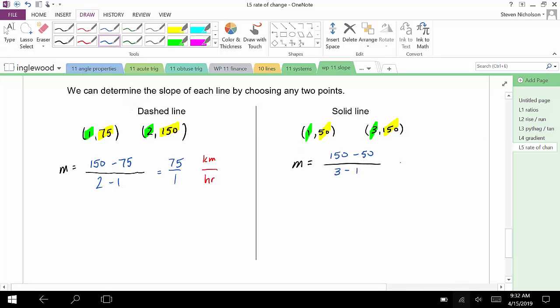And what we end up with is 100 over 2, which is 50 over 1. And remember, our units are kilometers on top and hours on the bottom. And the slope of the line represents something physical and understandable, represents how quickly the distance is changing compared to time, which is called velocity.